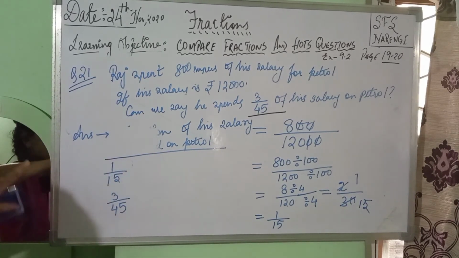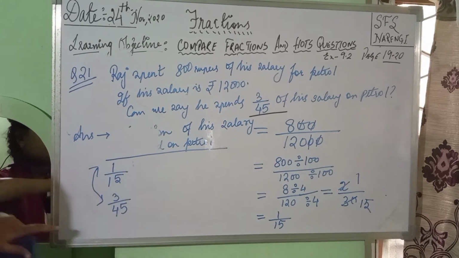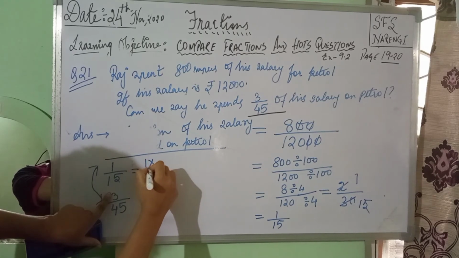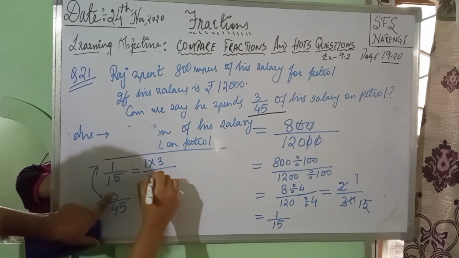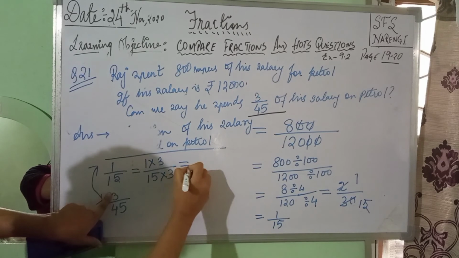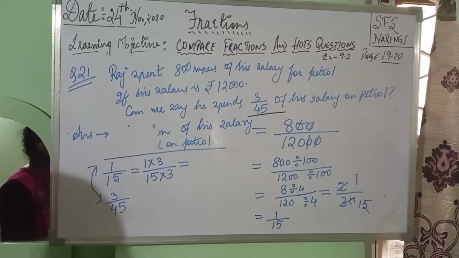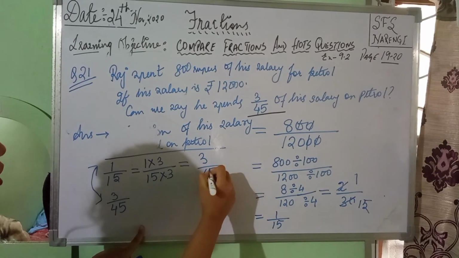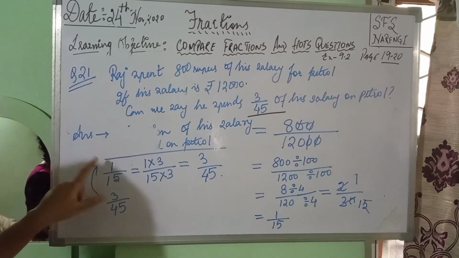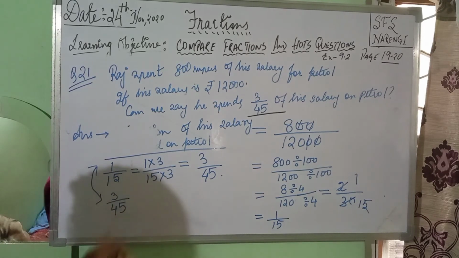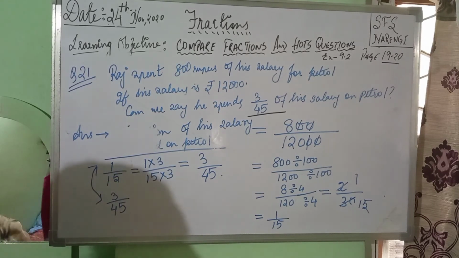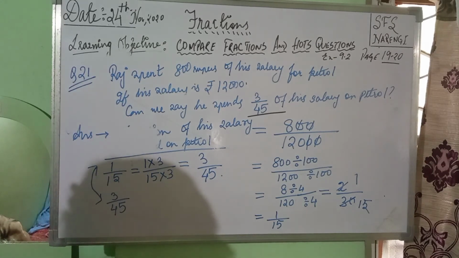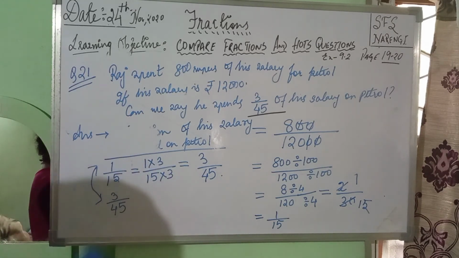So if I compare these two fractions, I can see that the numerator is 3. So if I multiply 1 by 3 and 15 by 3, I will be left with 3 by 45. Okay. So 1 by 15 and 3 by 45 are equivalent fractions. And what does it mean? It means that they are the same.